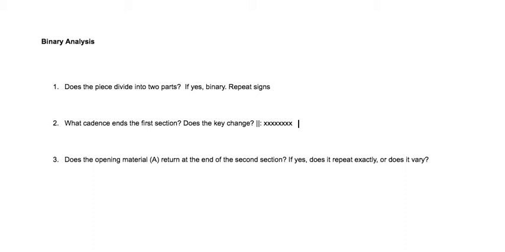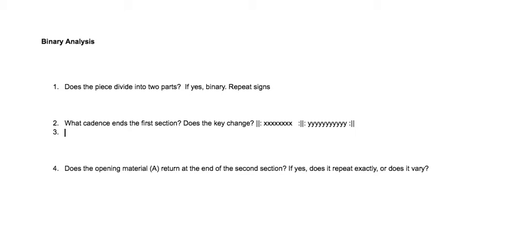Different materials here to a repeat sign, and then the first part gets repeated, and the second part also gets repeated. Okay, so in that case, what we want to study is here, the end of the first section. We want to see what cadence ends the first section.